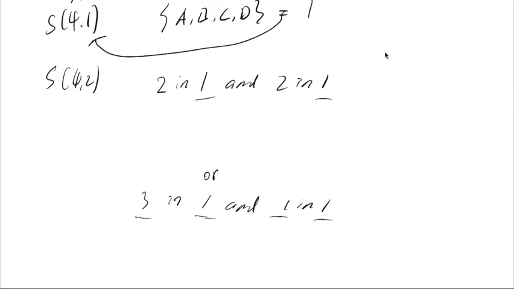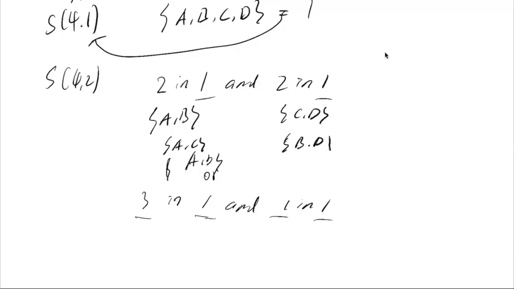We can also count it out. For 2 and 2, that means either AB in one office and CD in one office, or AC in one office and BD in one office, or AD in one office and BC in one office. So there are actually only 3 scenarios.